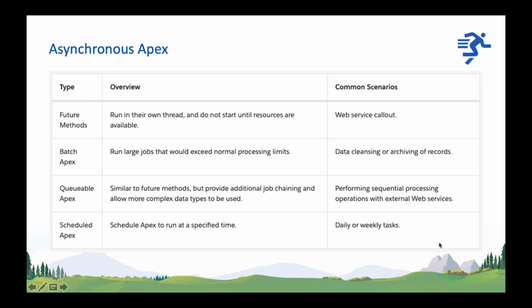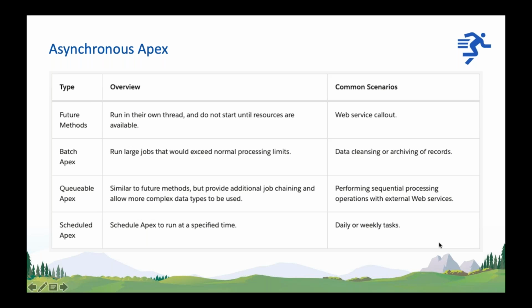Then Queueable Apex. Queueable Apex is used to queue. It is similar to a future method, but provides additional job chaining and allows more complex data types to be used.